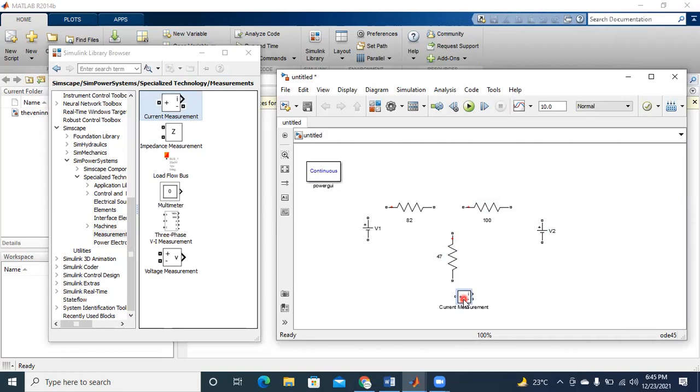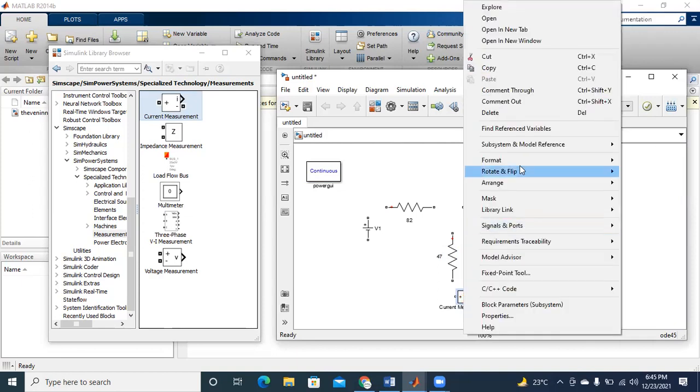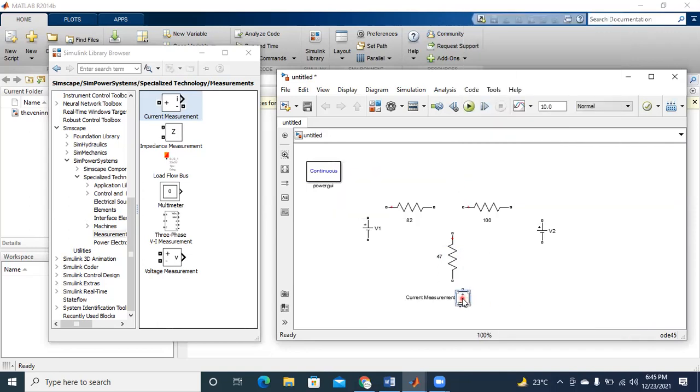So you may rotate the element, like this. I just want to see the display unit.